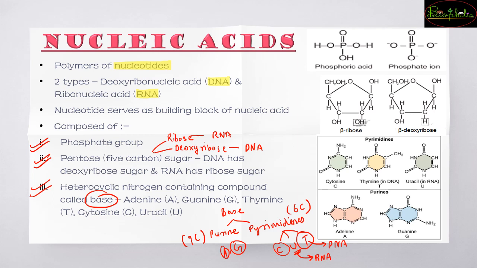You can see the structure of sugar, that is ribose and deoxyribose. You can see the structure of phosphate group, कैसे phosphoric acid से convert होता है into phosphate ion, which is inside a nucleotide. So these are nothing but the components of nucleotide. So you can remember the structures as well.